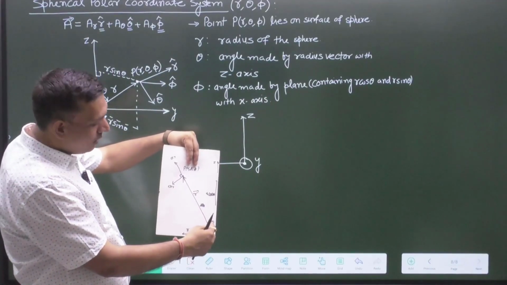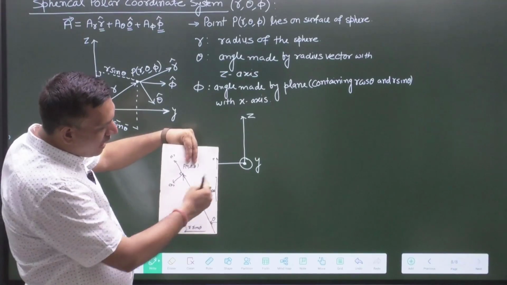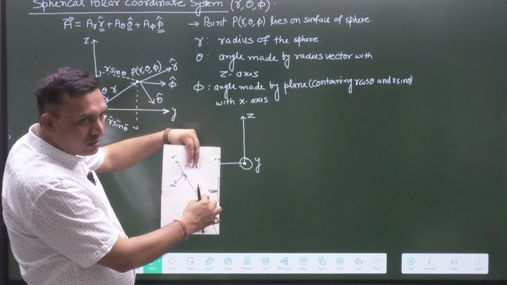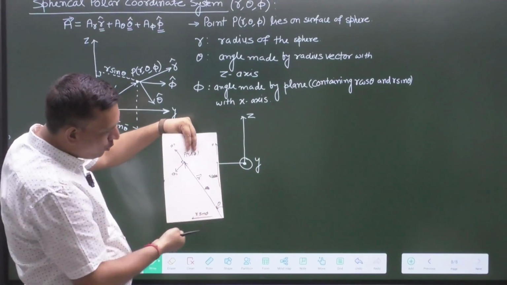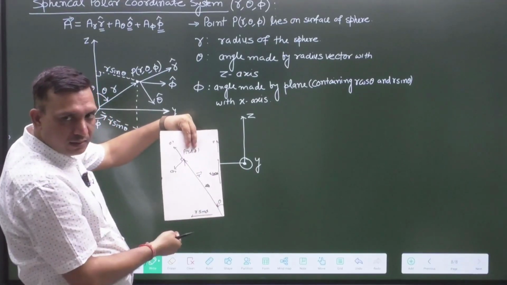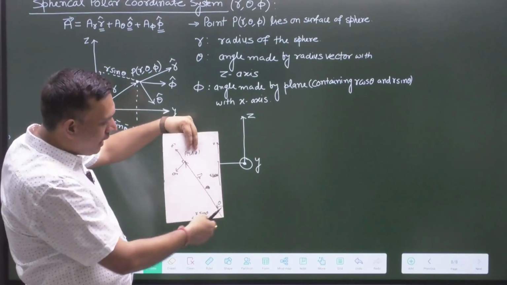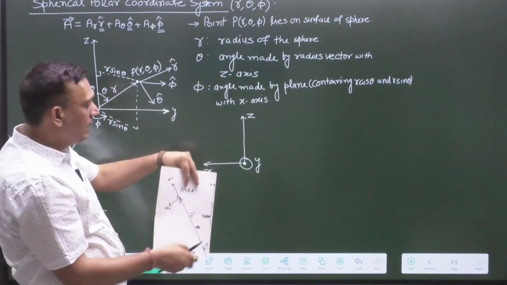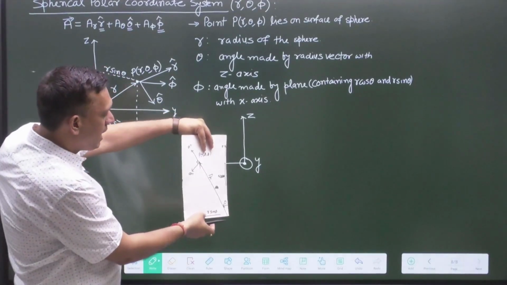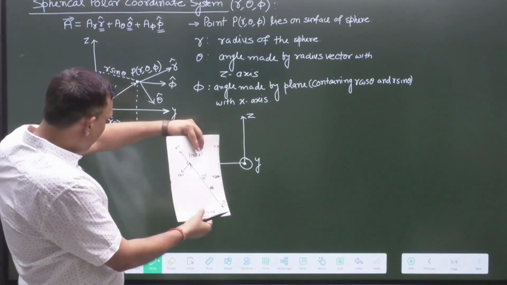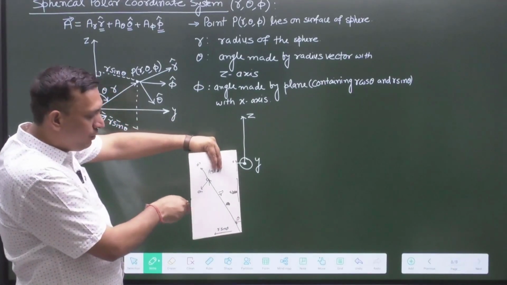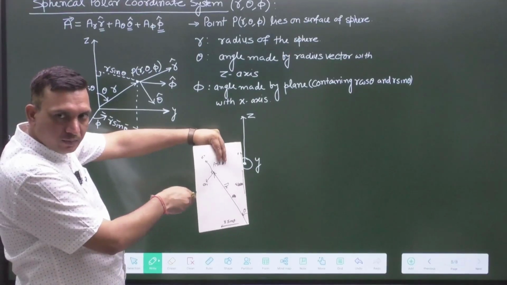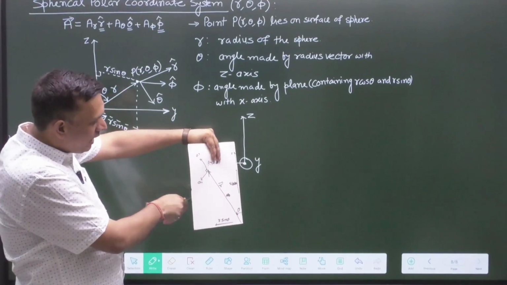Clear? Now take the projection of r along z. So this is r cos theta, and this is r sin theta. They make this plane that I have drawn here, and that plane makes an angle phi with x axis. This is angle phi.